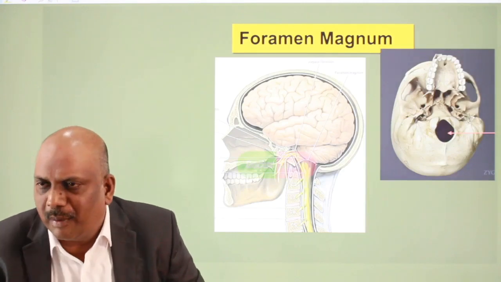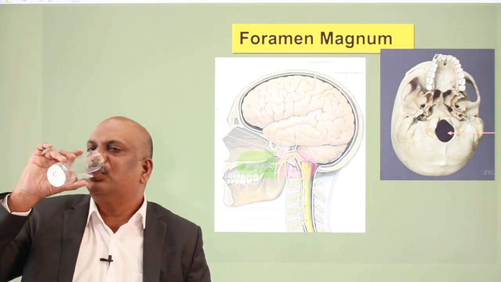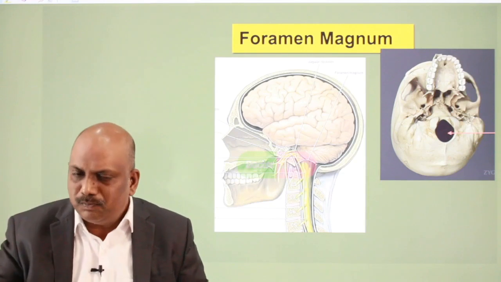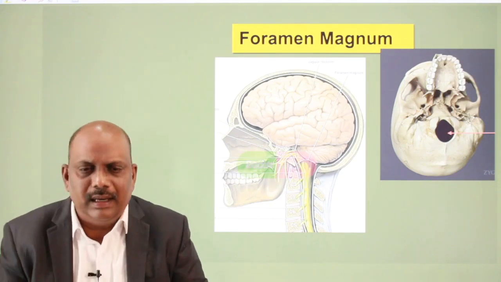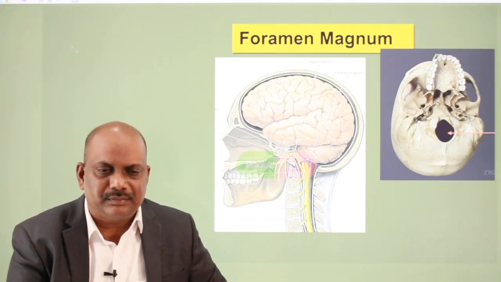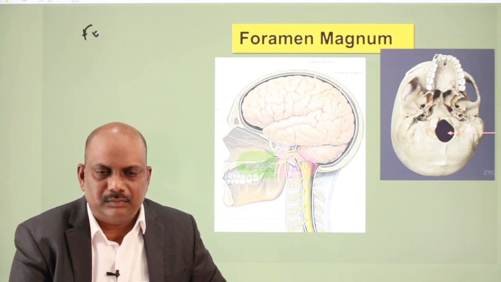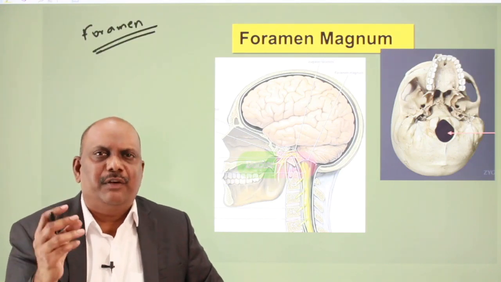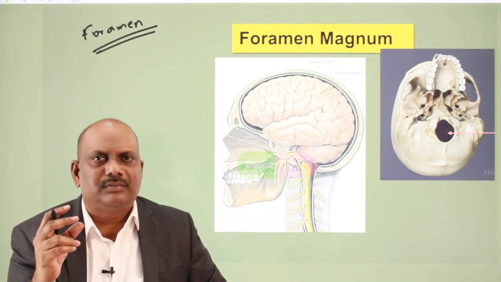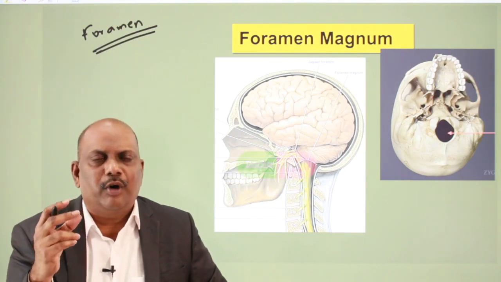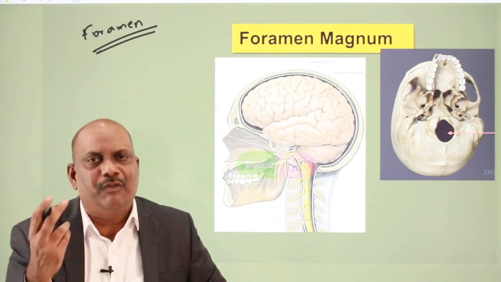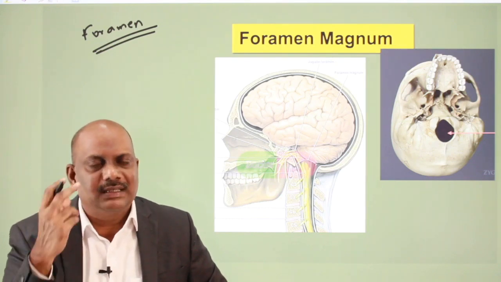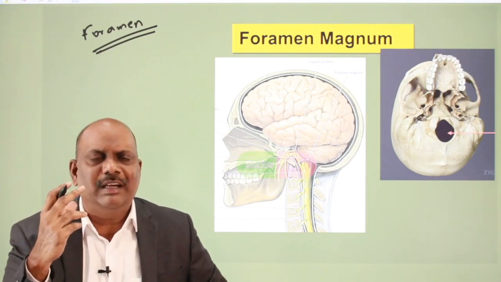Next is the foramen magnum. In anatomy, if you say foramen, this refers to an opening in the bone. There are a number of openings in our bones. In the skull, we have two very important openings.